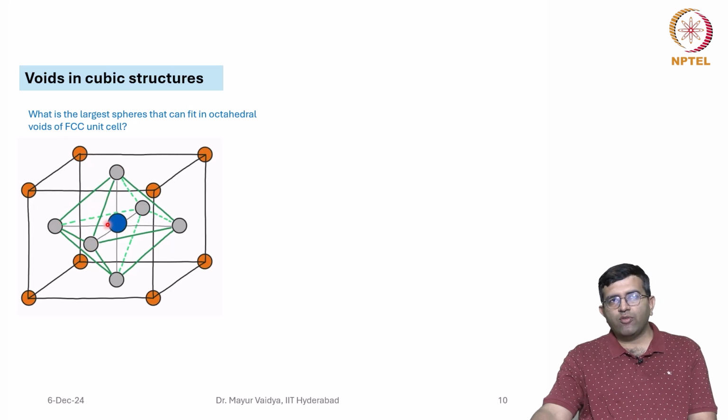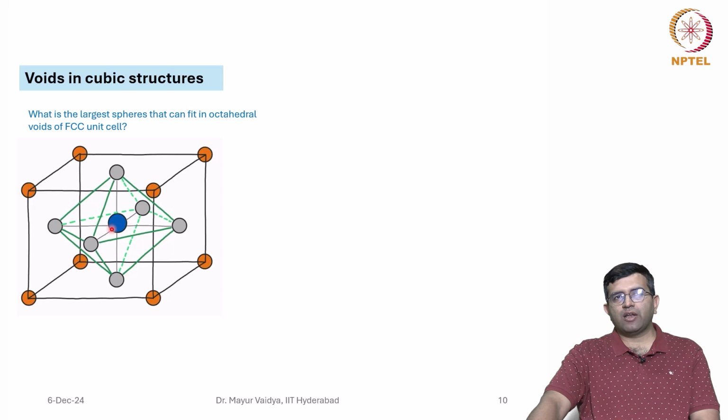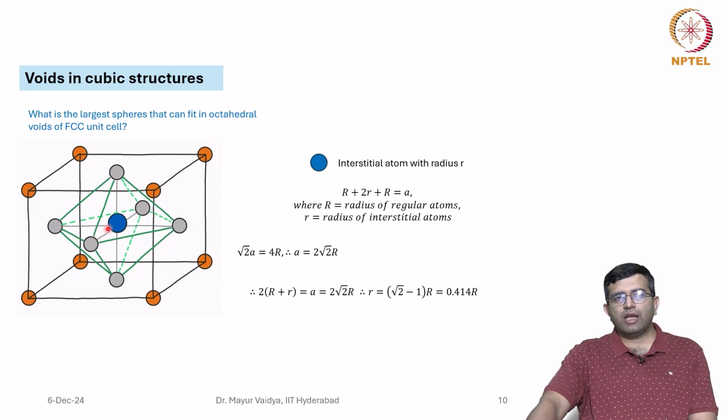So, in the void, if another atom sits, what is the largest sphere that can fit in this octahedral void? The largest atom that can sit means that it will be touching these atoms.